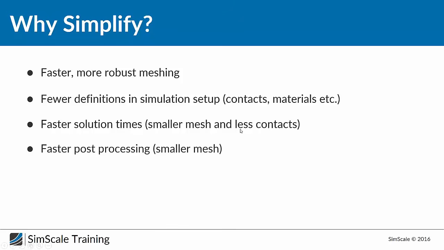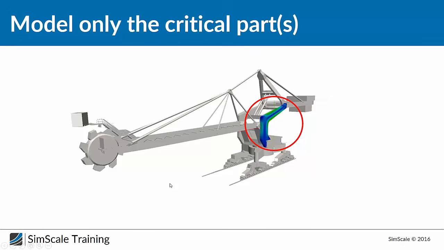And finally, which is also very important, it will improve everything related to post-processing, because you will have a smaller mesh and smaller results in the end. So there are a lot of reasons to simplify a model. And the first thing you should really ask yourself when preparing such a simulation is, which parts do I need to simulate?